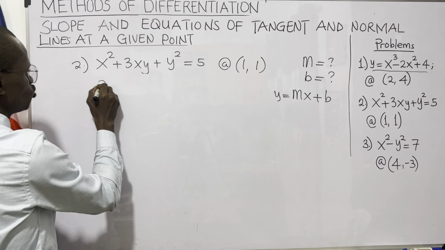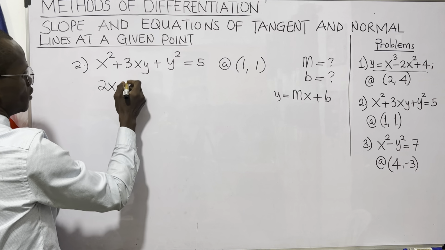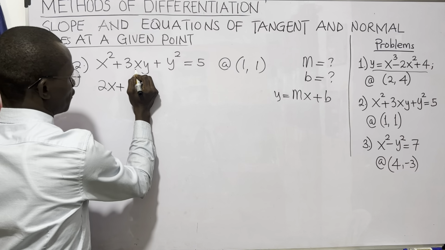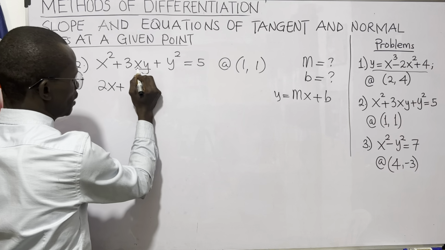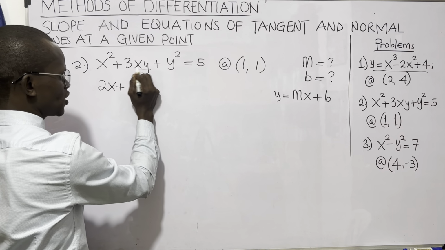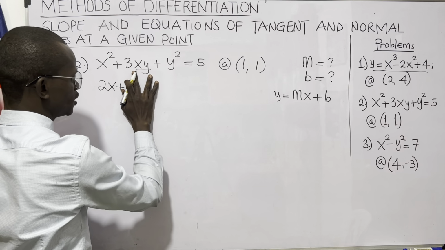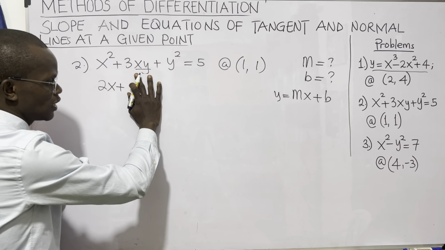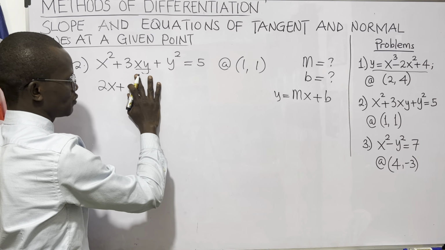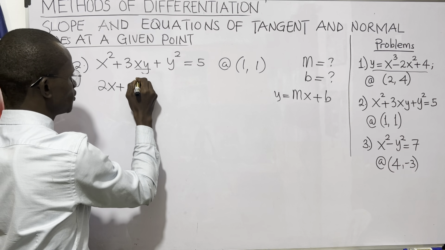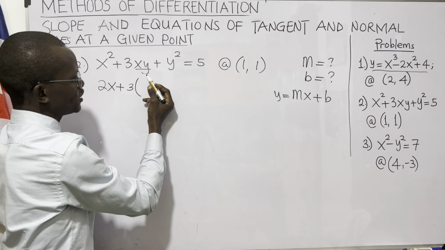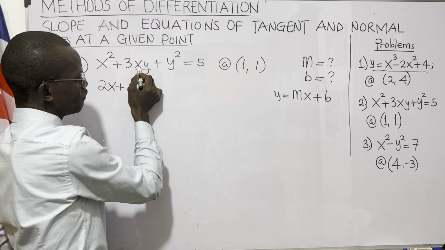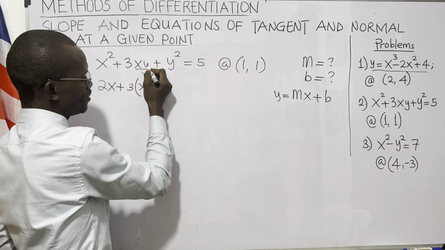Differentiate x squared, we get 2x plus, now you have 3xy. Because you have two expressions being multiplied by each other, we must apply the product rule, right? So we can hold this 3, and the product rule says hold one of the factors x, differentiate the other.